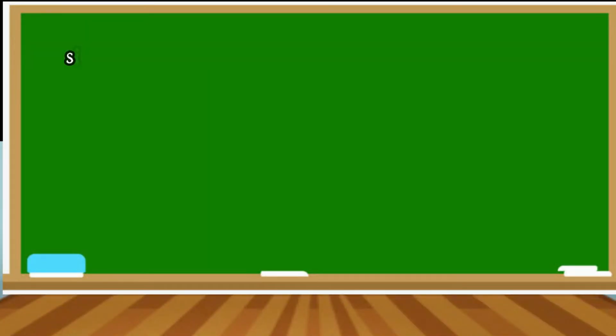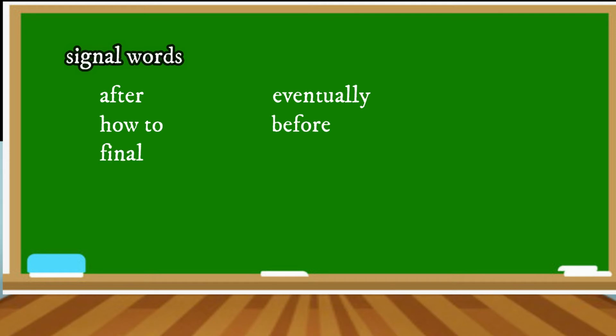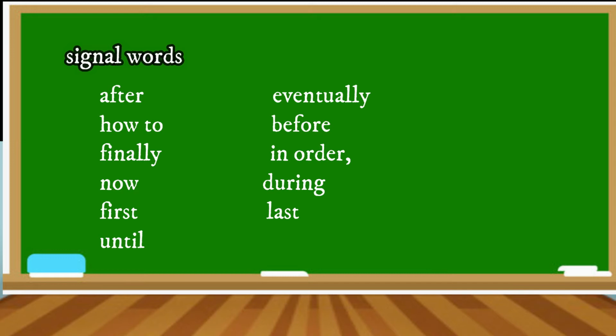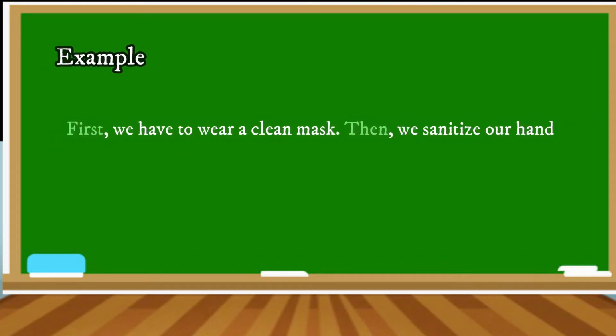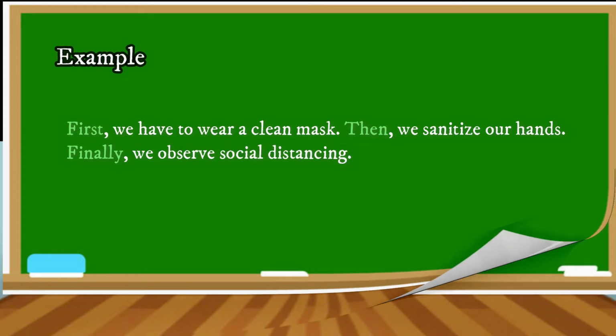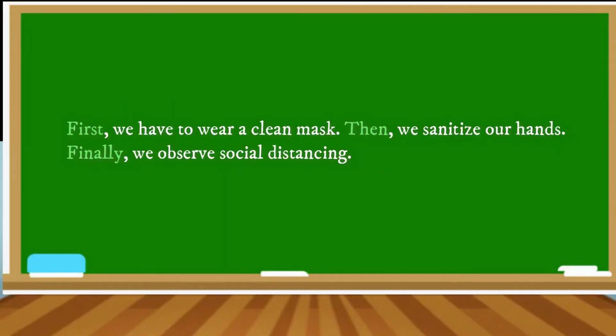The signal words that can be used in sequence structure are: after, eventually, how to, before, finally, in order, now, during, first, last, until. Example: First, we have to wear a clean mask. Then, we sanitize our hands. Finally, we observe social distancing.